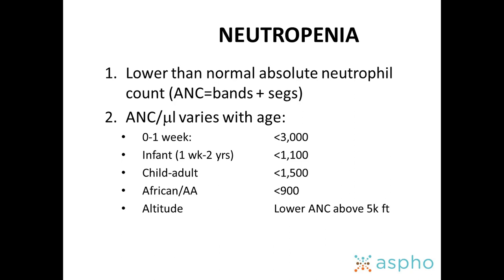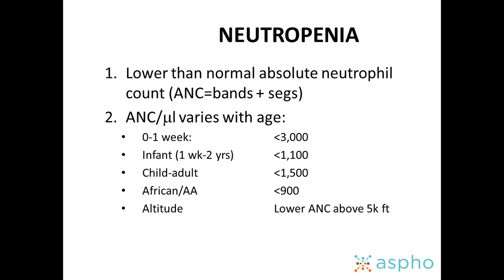So neutropenia is sort of in the eyes of the beholder a little bit. It's basically just a lower than normal absolute neutrophil count. So that really varies a bit. I think in our minds we sort of think of certain numbers that we're comfortable with for ANC, but it's important to recognize that it varies with age, and it seems like a sort of testable thing, even though it's something you can look up. But just remember that in newborns, the ANC is much higher than as you get older.